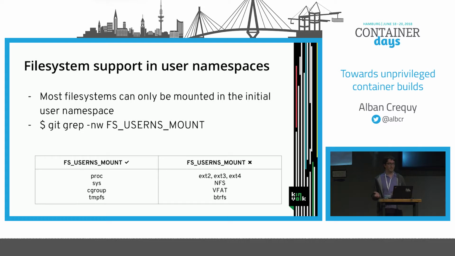Some file system types support running in a new user namespace, and some don't. To be able to know that, you can grep this flag in the Linux source, and you will see some file systems support running in a user namespace, for example procfs, sysfs, cgroup, tmpfs, etc. And most of them actually don't support that.